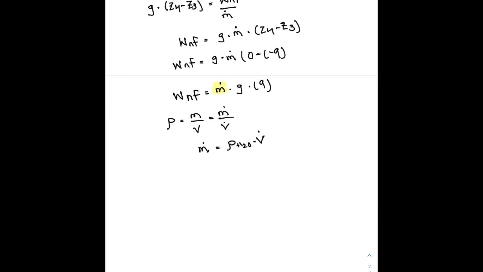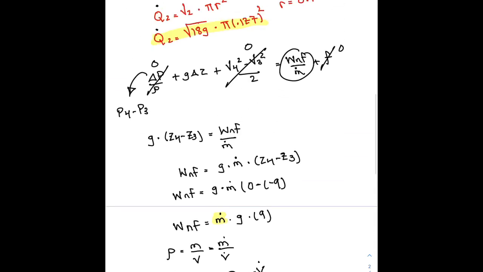Okay, and so the mass flow rate will be the density of the water times the volumetric flow rate, and we found the volumetric flow rate from earlier, square root of 18G times 8.